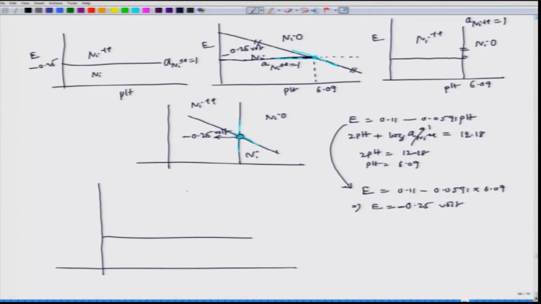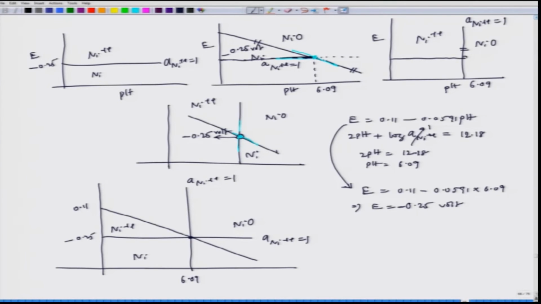Now, we see that this reaction also should go through the same coordinate which is minus 0.25 and pH equal to 6.09, and this line should also continue like this. This is 0.11, 0.25, 6.09. This is activity of Ni plus plus equal to 1. This side is nickel, nickel plus plus, nickel oxide.